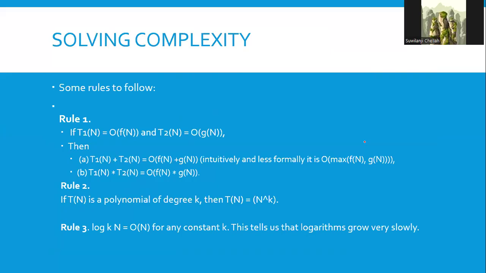Now let's actually solve complexity. First things first, we have some rules to follow. Rule number 1: if the time complexity of our algorithm is equal to big O of our function f of n, and also T2 is equal to n, and then we've got a g function.